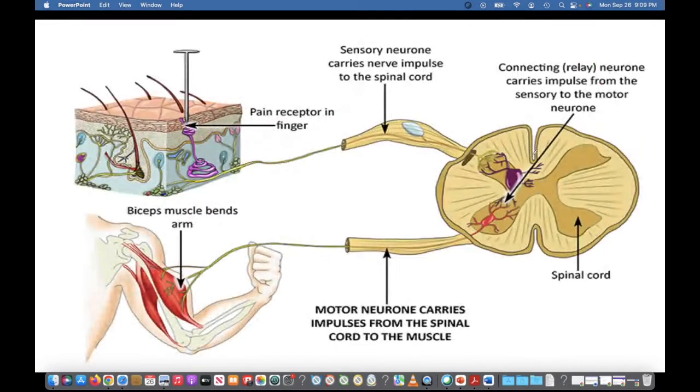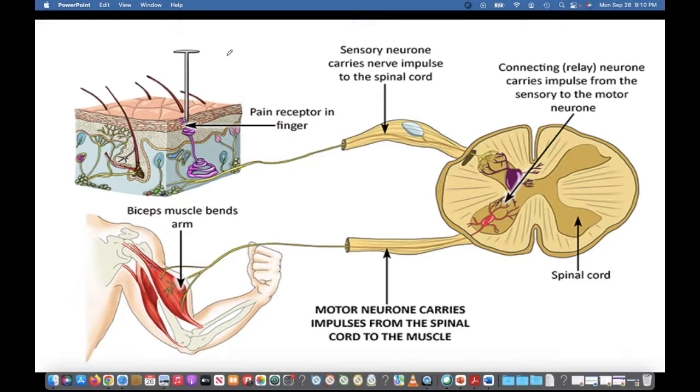So in this case, what we're looking at to the right is a cross-section of the spinal cord. The letter H in the middle is gray matter. It's unmyelinated. The section around the butterfly, that's all myelinated. That's called white matter.